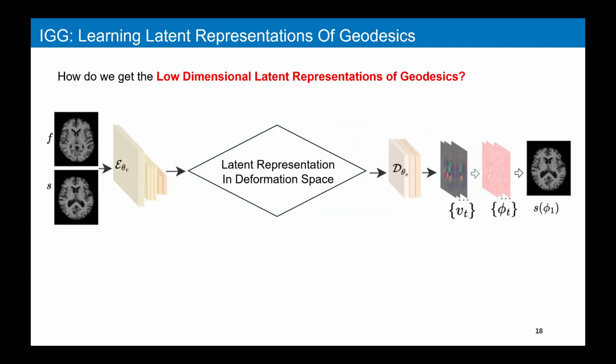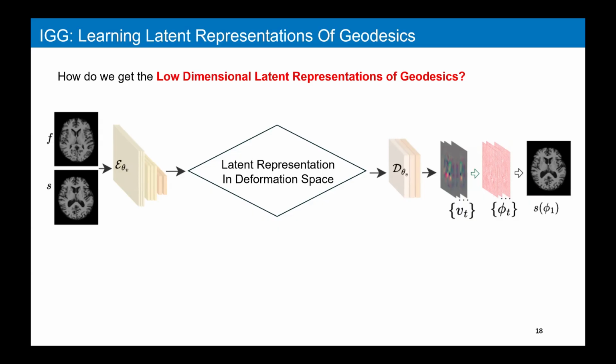However, the first question here is, how do we obtain those low-dimensional latent representations of the geodesic, which will serve as our training dataset? I mean, we are aiming to learn the distributions for them. We are essentially using an autoencoder-based registration model to learn the latent representations in the deformation space.